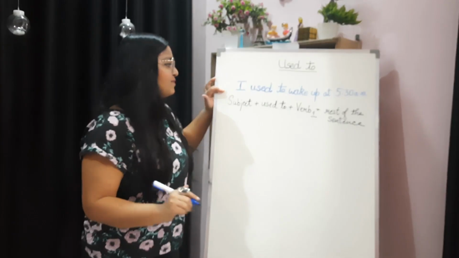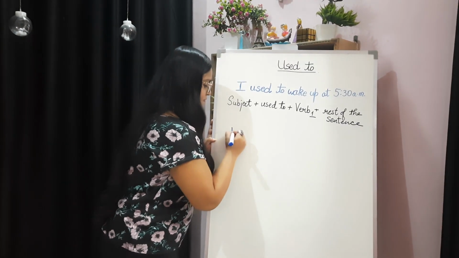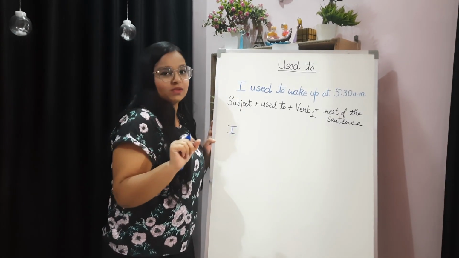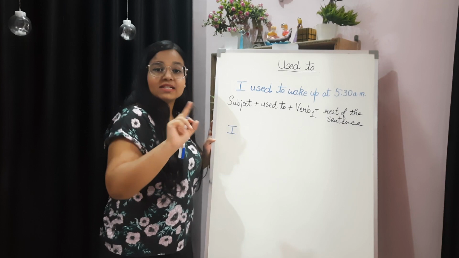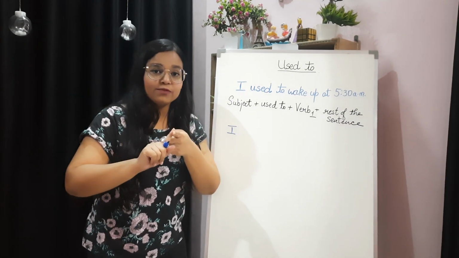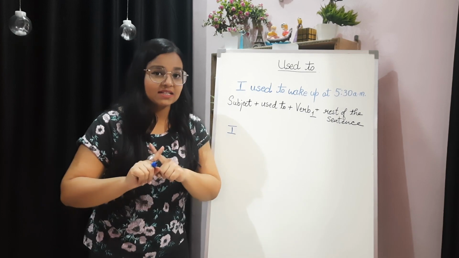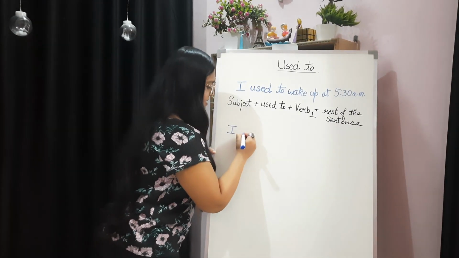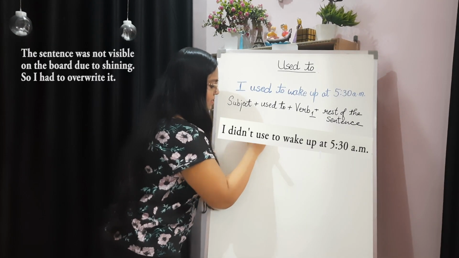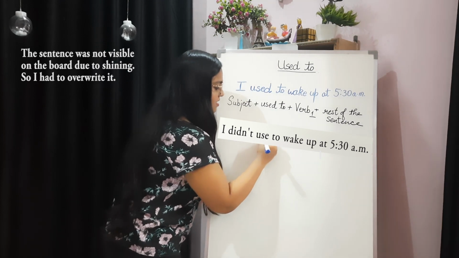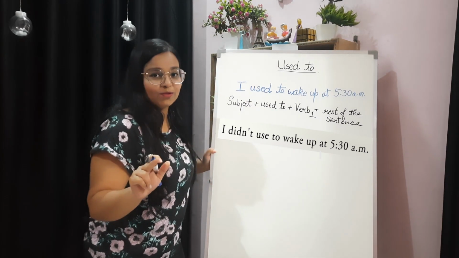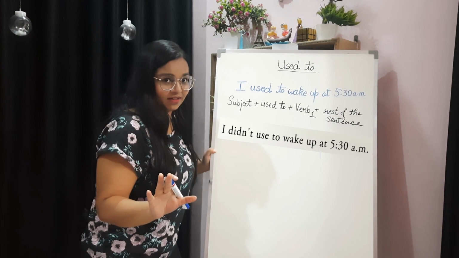To make it negative, we have to put this magic word didn't. Didn't is the contracted form of did not. So did not becomes didn't. I didn't. Now we have to pay attention here.